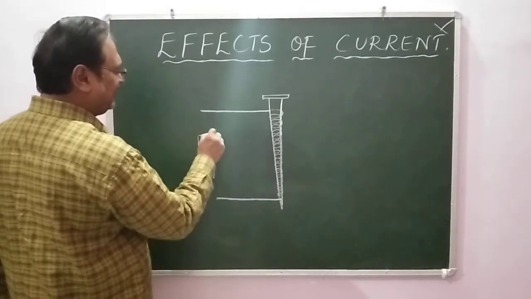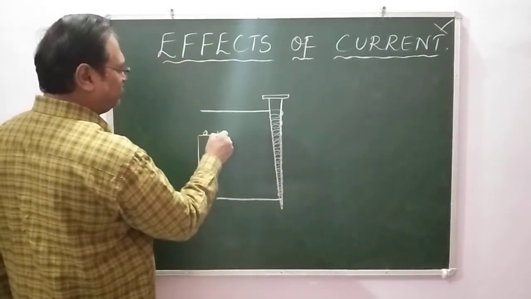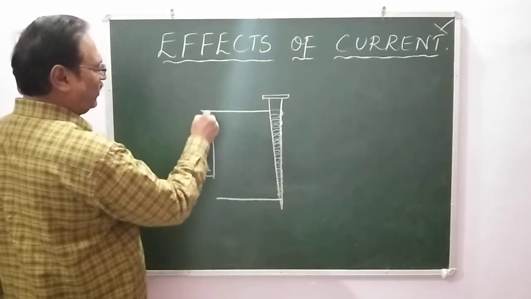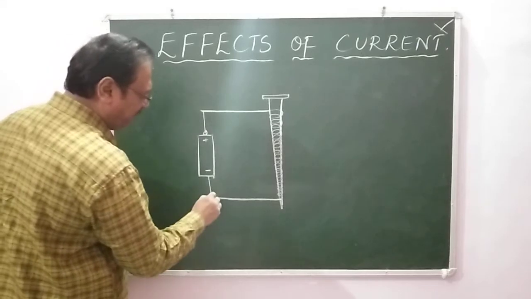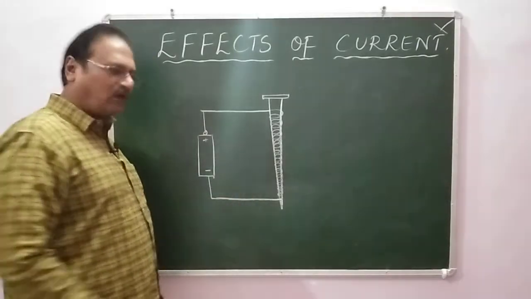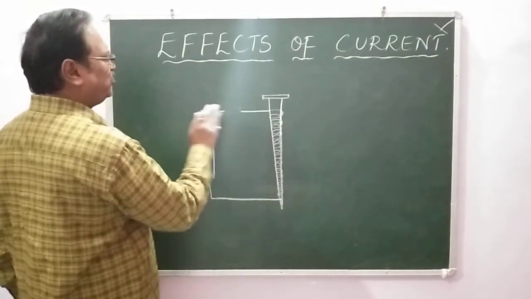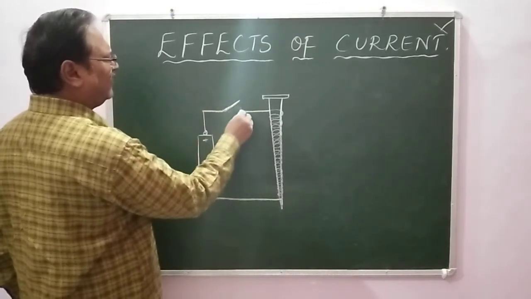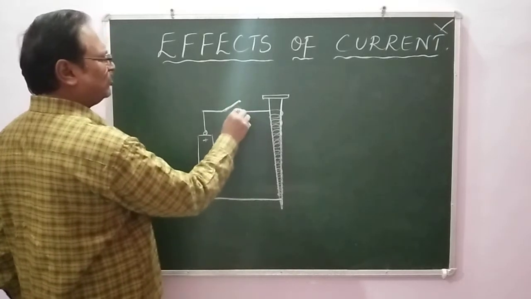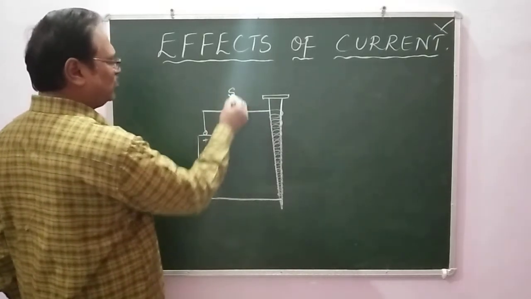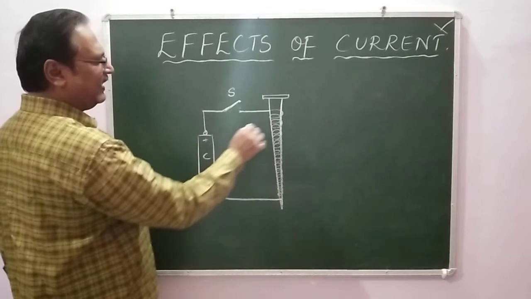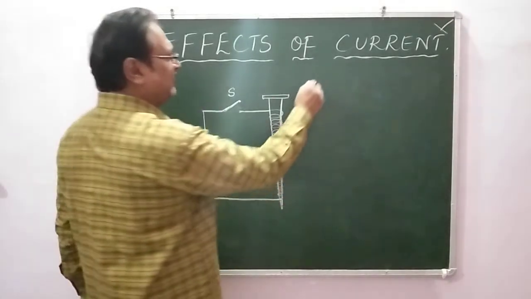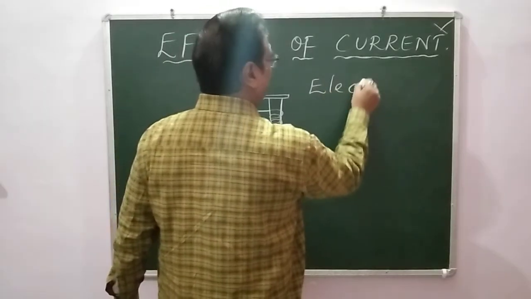Positive is here and negative is here, so connect one to positive and one to negative. If you want, you can put a switch here, on and off. This is the switch and this is the cell, and this whole setup is called an electromagnet.